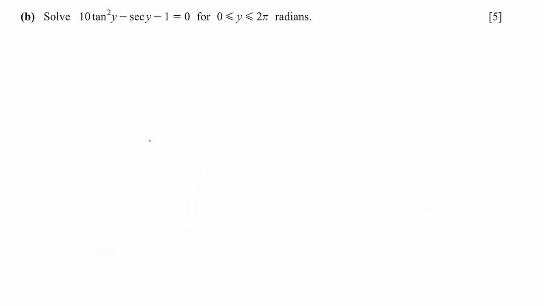So we want to solve 10 tan squared y minus sec y minus 1 equals 0. It's almost a quadratic, but we've got a tan squared and we've got a sec y. But we do know that tan squared y plus 1 is the same as sec squared y, which tells me that tan squared y is the same as sec squared y take away 1.